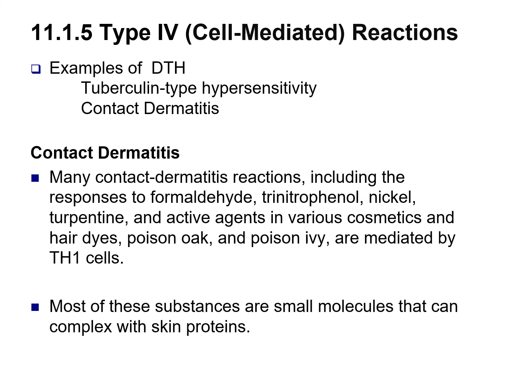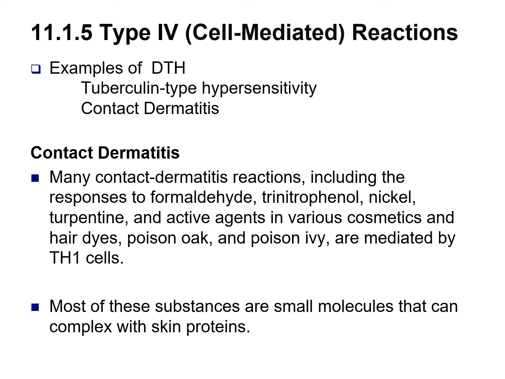Some examples of cell-mediated reactions are tuberculin hypersensitivity and contact dermatitis. When we say contact dermatitis, so when you are exposed to, you touch substances that may be present in cosmetics, hair dyes, so those that you apply on your body, or maybe they contaminated some household items or cabinets with formaldehyde, trinitrophenol, or nickel turpentine.